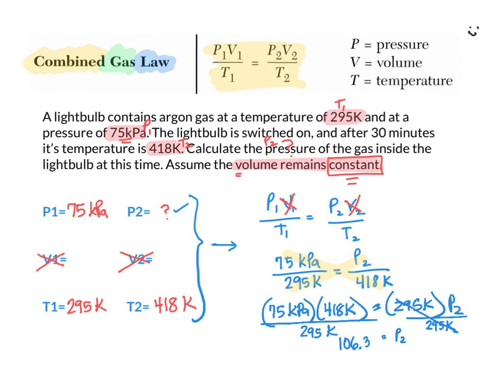So I'm going to say 106.3, and it's in kilopascals because my first measurement was also in kilopascals, so I'm going to keep it the same. And this is the answer to this question.